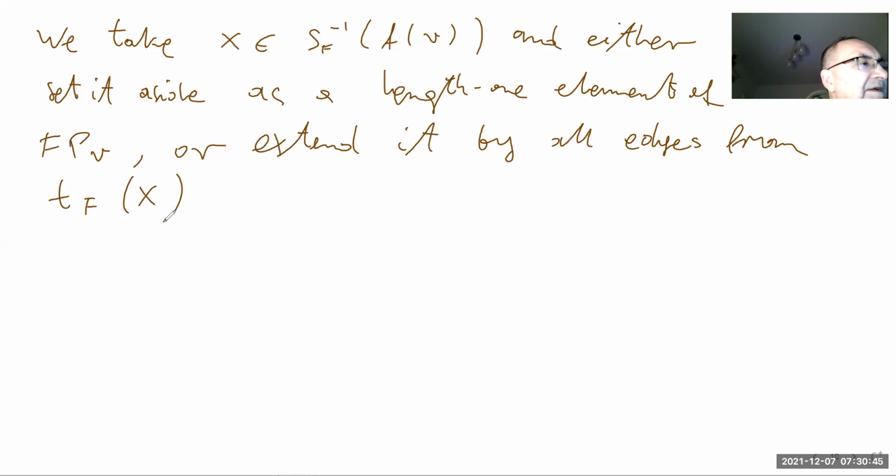Okay, so we either keep it or we extend it by all possible edges that can extend.